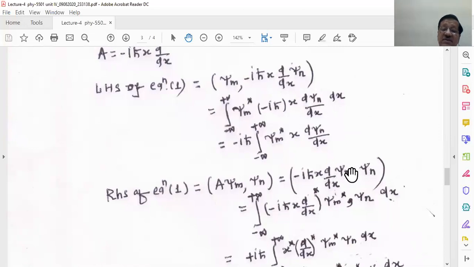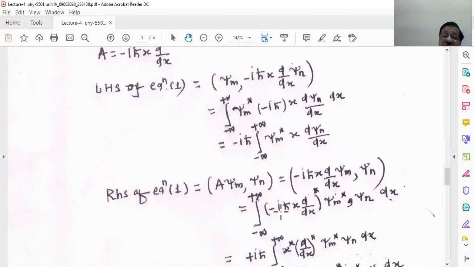So this bracket notation is now converted into the integral form. In the integral form, you have to write down the first function as the complex conjugate. So I write down minus iħ x d by dx, whole star, psi star, psi, dx. This is the definition, right?